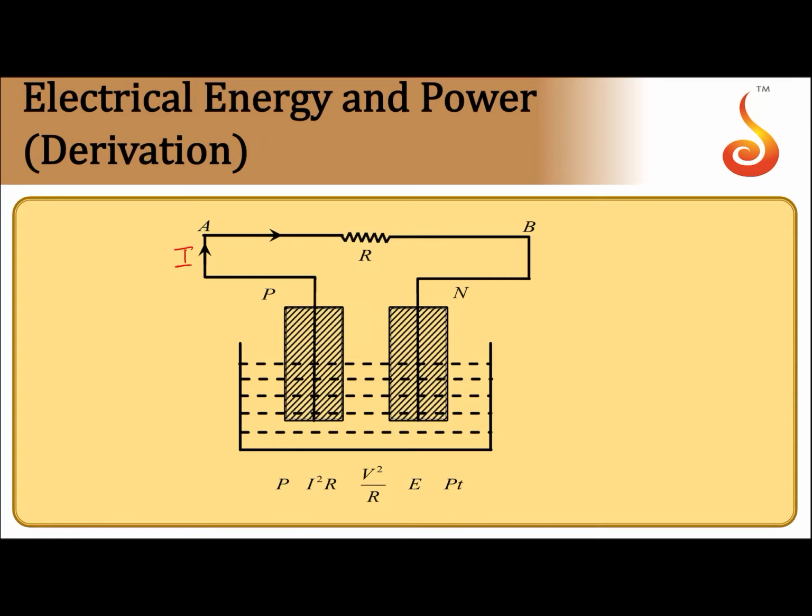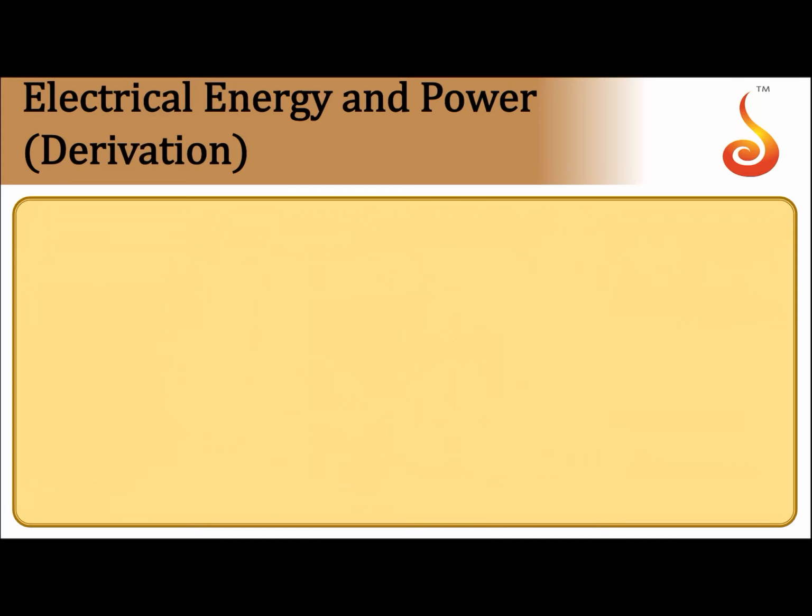Now to derive the expression for electrical power, let us say a charge delta Q is transferred from A to B in time delta T. As charge delta Q moves from A to B, the change in potential energy delta U should be equal to V into delta Q, charge into potential difference.